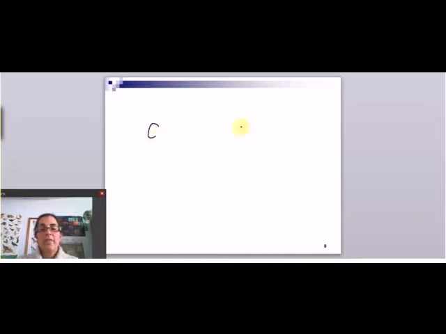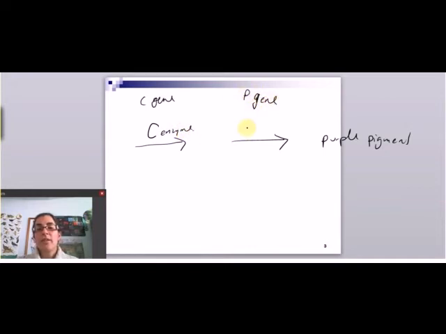So making flower pigment is really a 2-step process. So this will make purple pigment. The first step of it is controlled by the C protein, which is made by the C gene. And the second part is controlled by the P gene that makes the P protein.